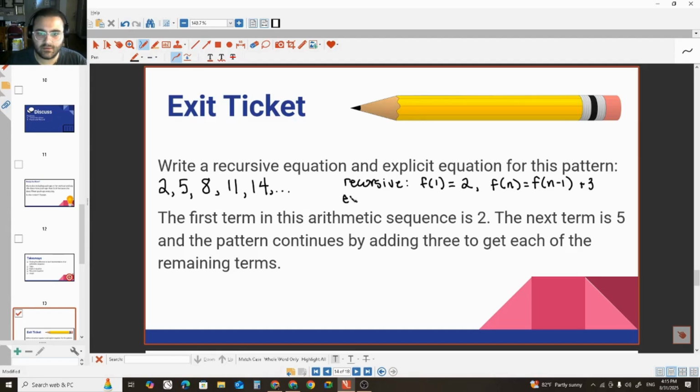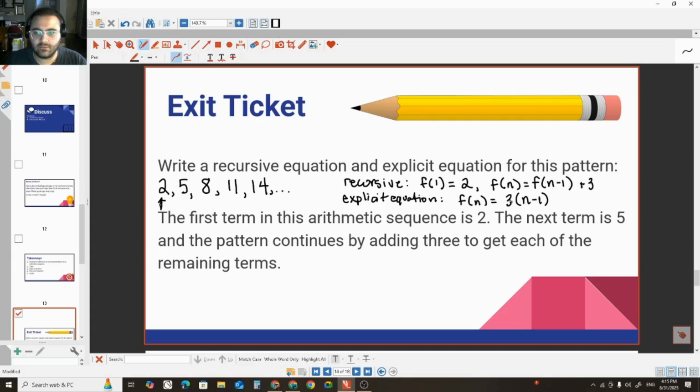So for our explicit equation, we are going to start with f of n is equal to the first term in our sequence. And because this is the n minus 1 term, we should multiply it by n minus 1. Excuse me, I need to change this. So the number that goes in this spot is our common difference, which is 3.